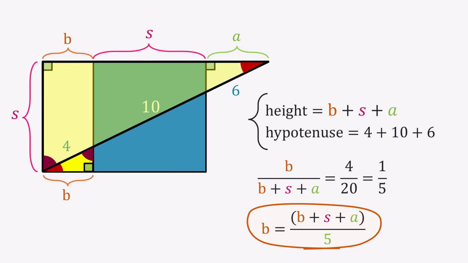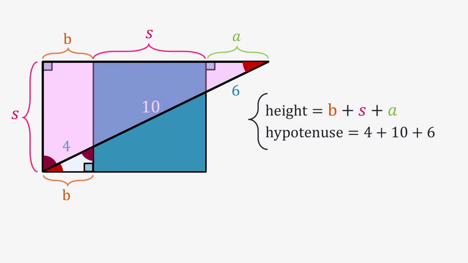Now, we do exactly the same thing for the triangle on the right. Why? Because it shares the red angle with the large triangle, and its other angle is 90 minus the red angle. We know what that is equal to, the purple angle. So, similar triangles again.